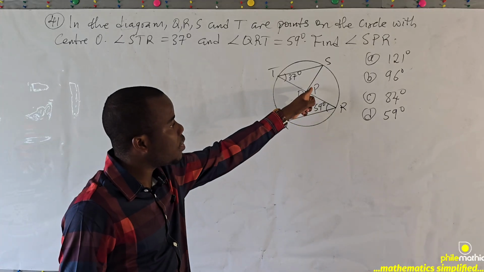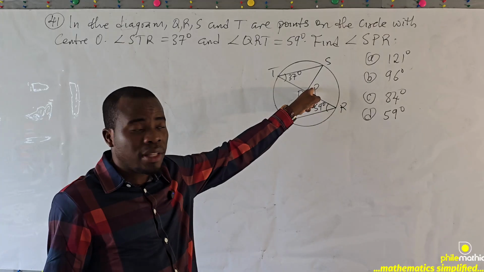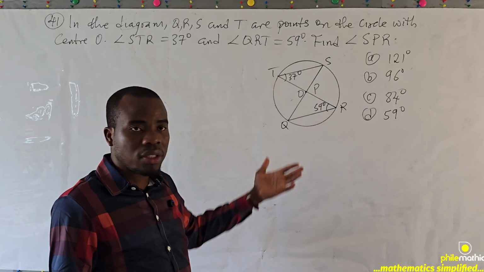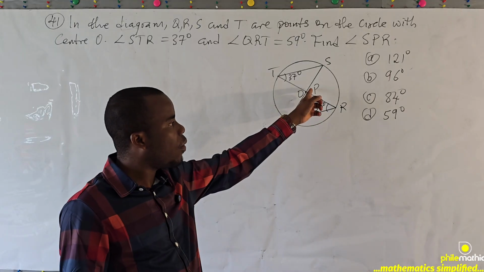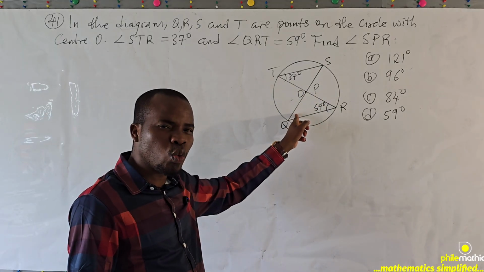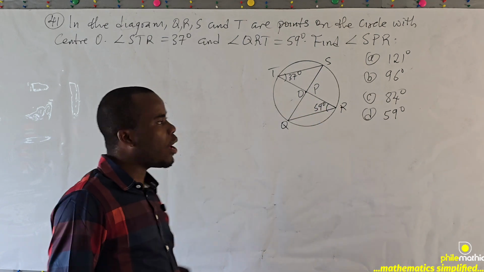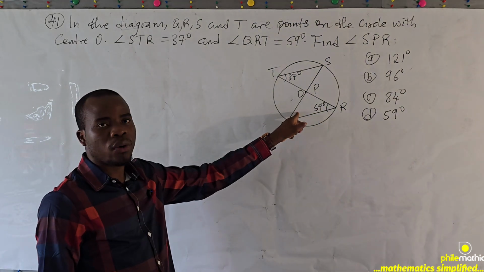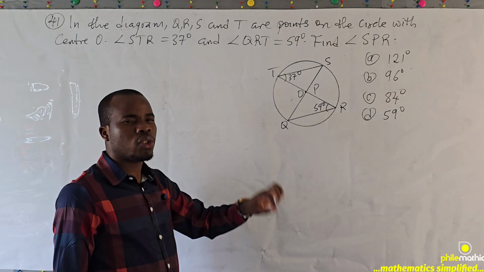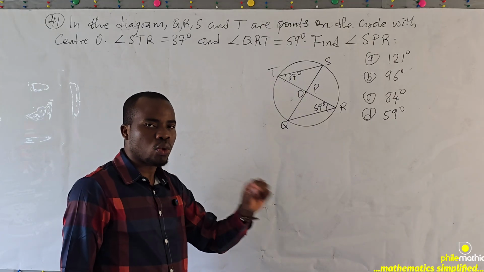The angle we are looking for is this P. And we simply know that this angle here is the sum of this angle and this angle. What's the reason? The exterior angle of a triangle is the sum of the two opposite interior angles. But we need to get what this angle is. How do we get this? In circle theory, you start with the angles you know.